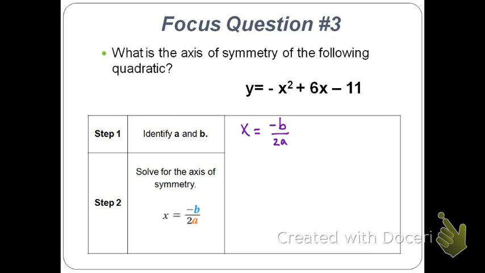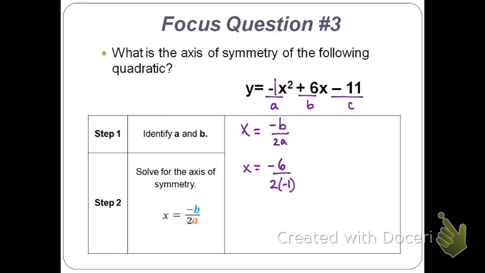Now looking at this, let's refresh. What is a? A is negative 1. B is positive 6. And C is negative 11. So we have x equals, remember it's going to be negative 6 on top over 2 times a, which is negative 1.